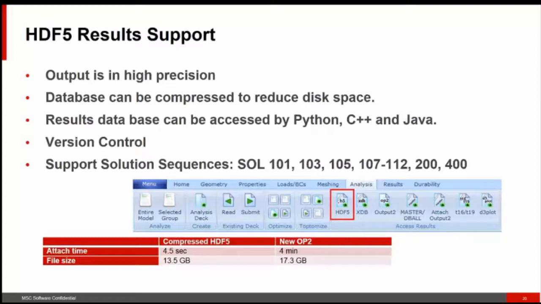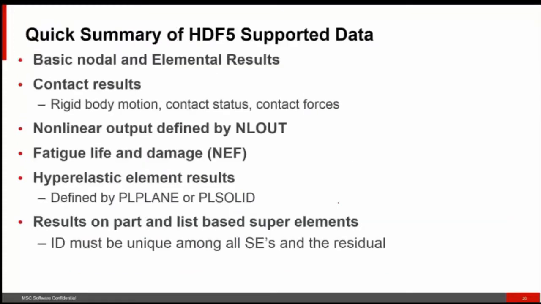And this is supported for most Nastran solutions, including Solution 101 for linear static, normal modes, buckling, dynamics, Solution 400 for nonlinear analysis and optimization. So if you're running any of these analysis types, you can send the output results to HDF5 using an MDL parameter in Nastran, and then you can do the post-processing in Patran through this form.